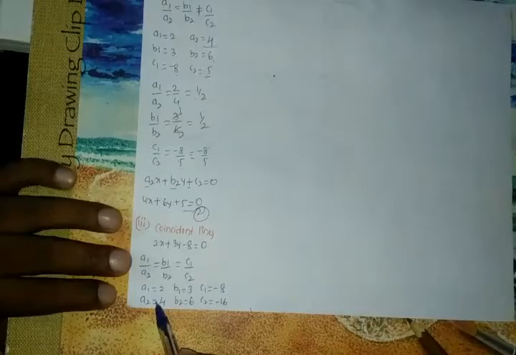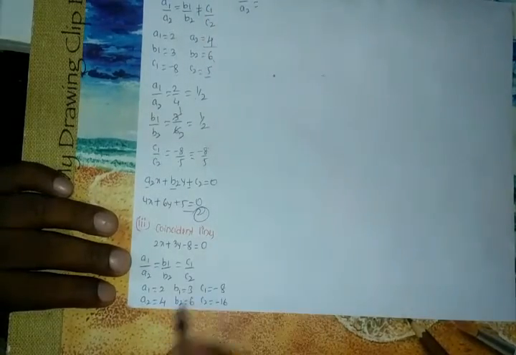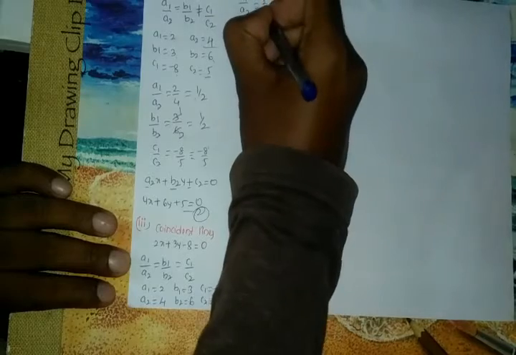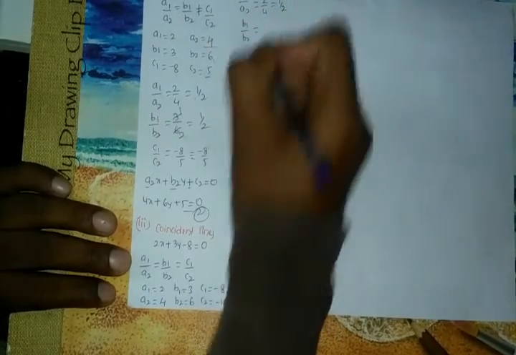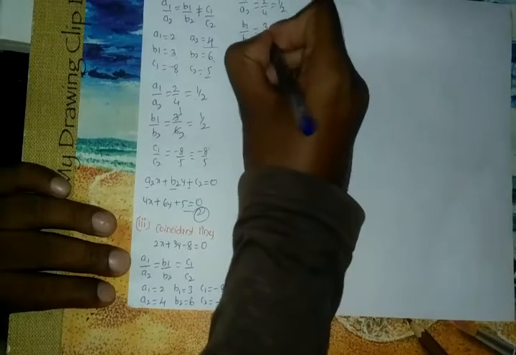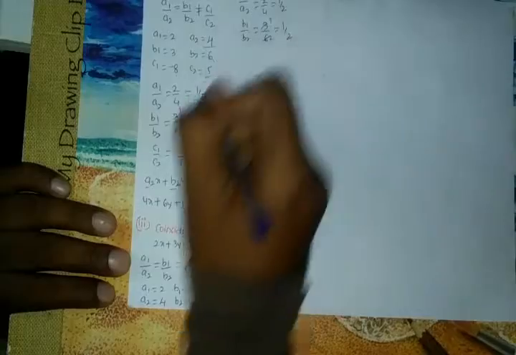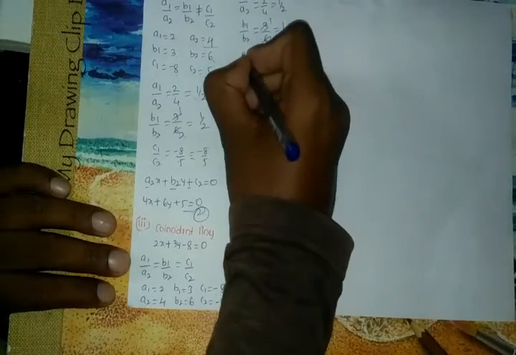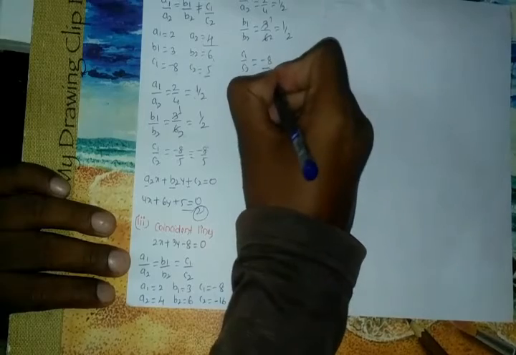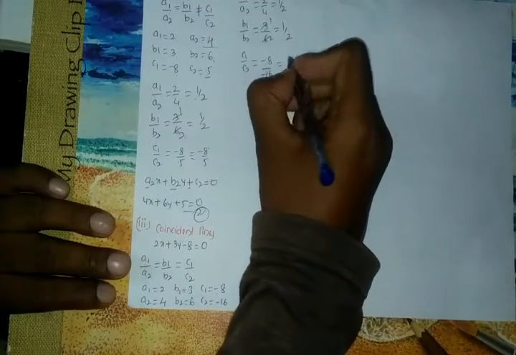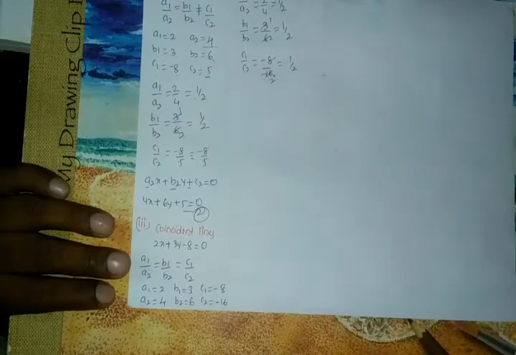So here the ratio a1 by a2 is 2 by 4, which will come as 1 by 2. Ratio b1 by b2 is 3 by 6, which is 1 by 2, and the ratio c1 by c2 is minus 8 by minus 16, so it is 1 by 2.